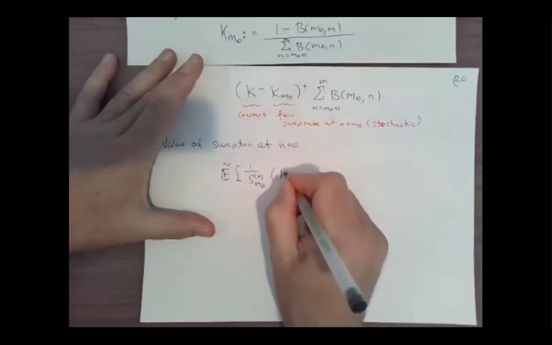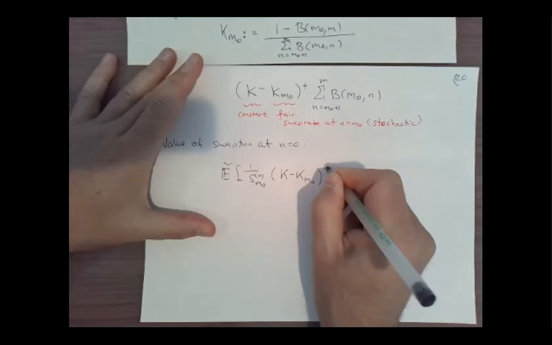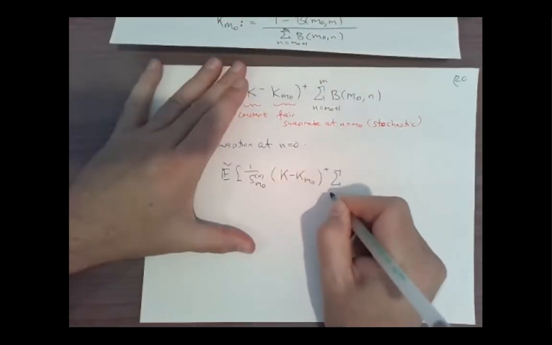Then the payoff, K minus KM0 positive part, sum.